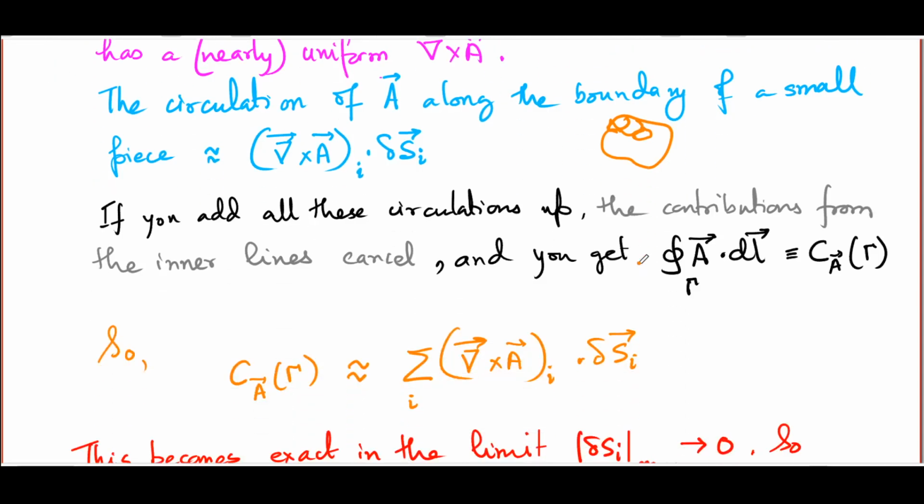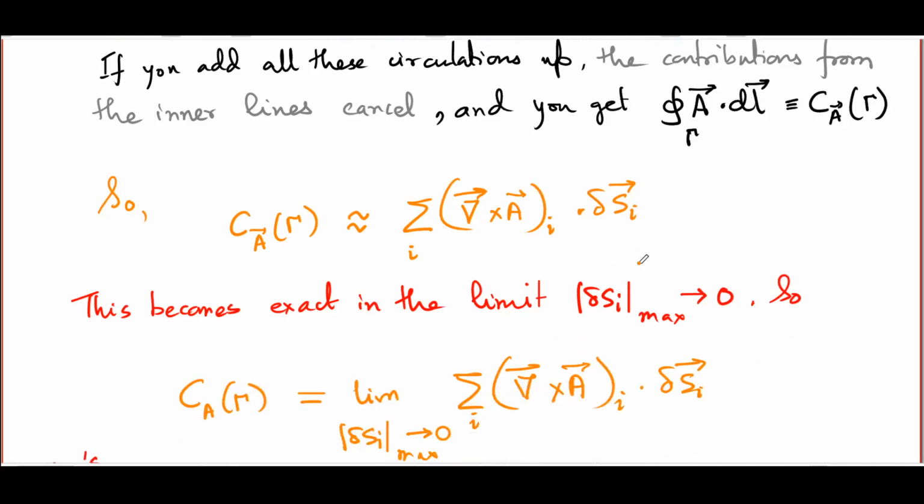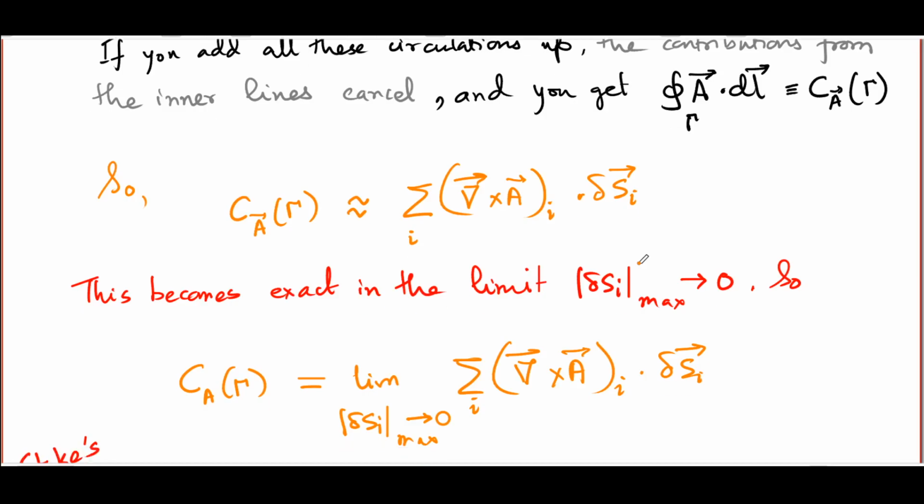Now, when does this become exact? Obviously when these variations can no longer occur. That is where the largest of the areas that you are breaking up your surface into shrinks down to 0. So, the circulation of the vector field A over a closed loop gamma, which is the boundary of some region sigma, is given by this limit.